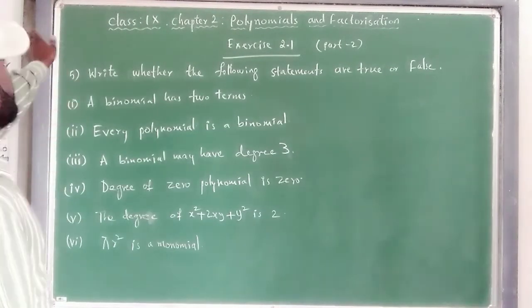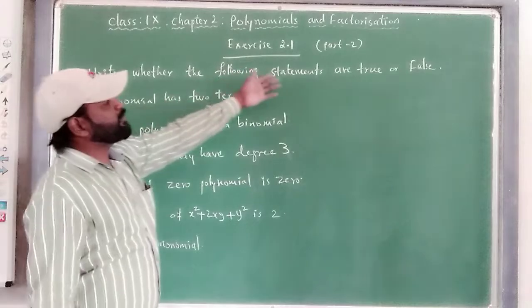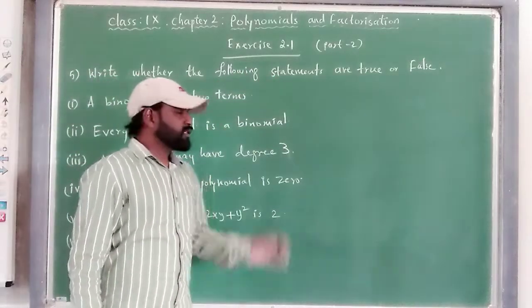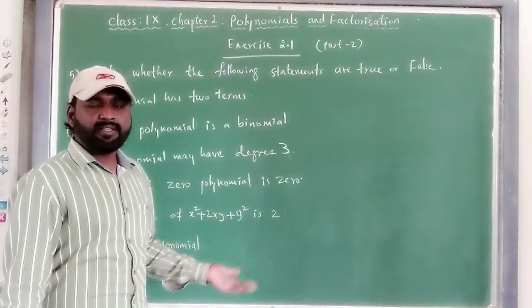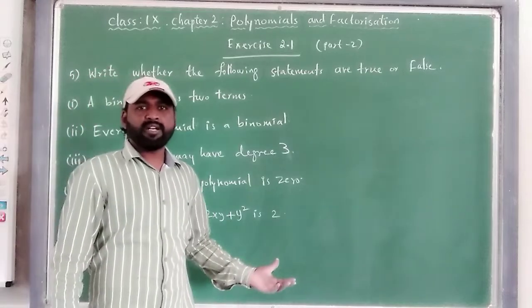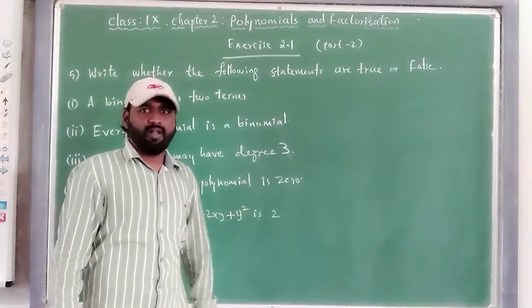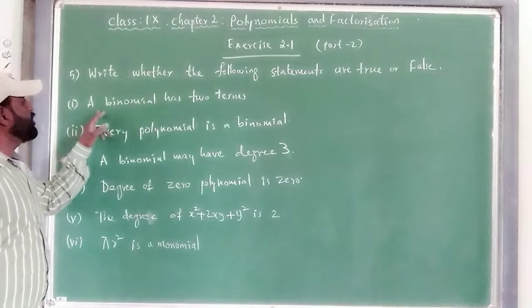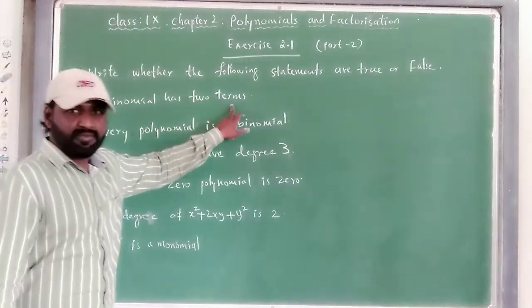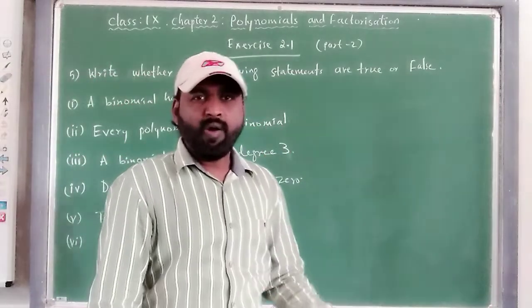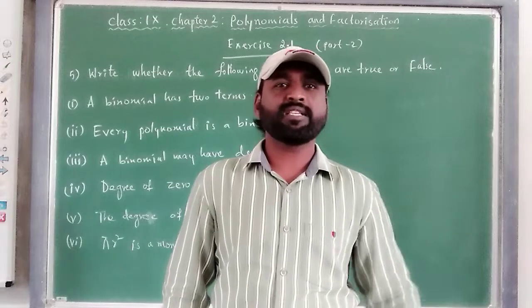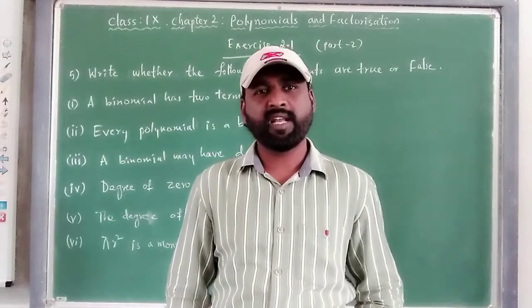See, next one given, write whether the following statements are true or false. Some statements are given. By reading the statements, we have to decide whether the statement is true or false. The first statement is given, a binomial has two terms. How do you classify polynomials as monomial, binomial, trinomial, multinomial?